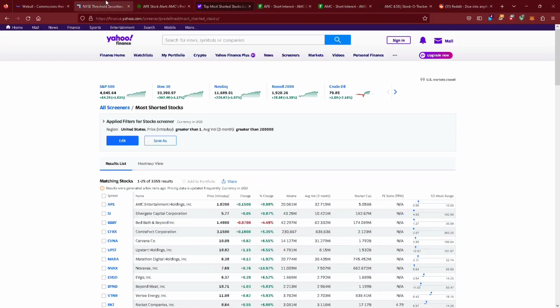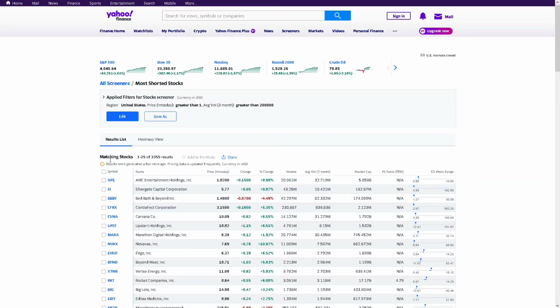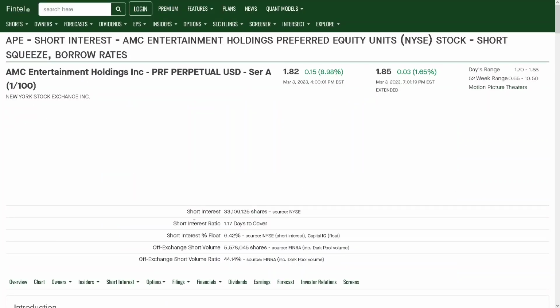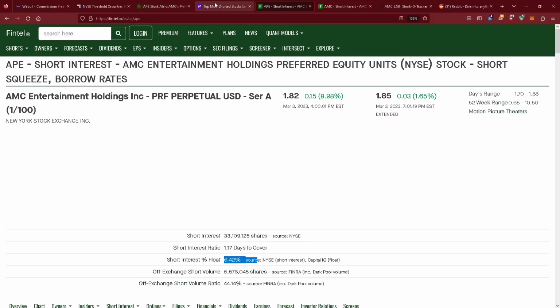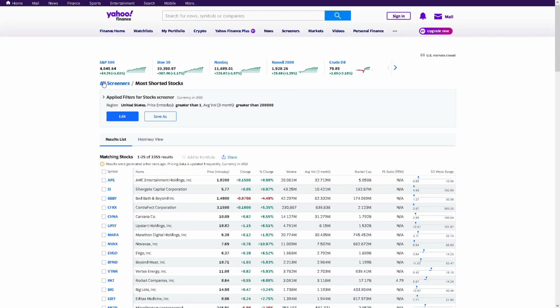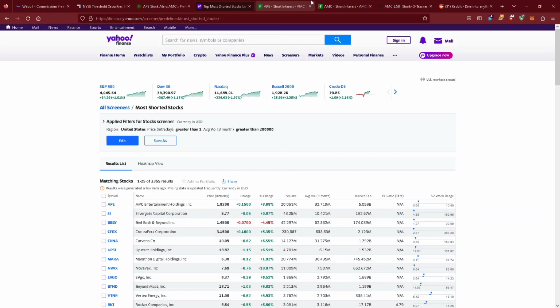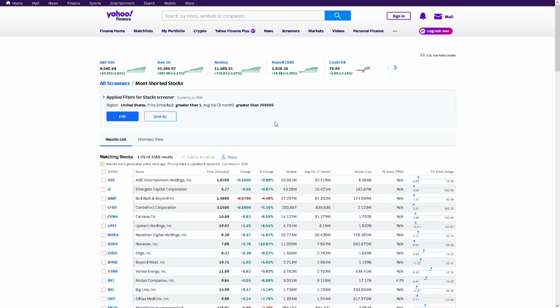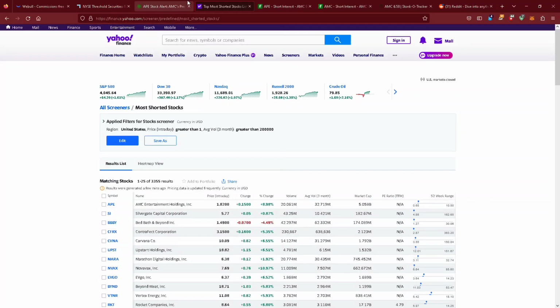As you guys can see, it's the #1 most shorted stock on Yahoo Finance. If you look at the regular short interest, though, it's like only 6.42%, but a lot of short squeeze screeners, sorry, that's a tongue twister, say that APE is the #1 most shorted stock. That is just the fundamental details of it, the facts of it, and that is just one thing I'm pointing out about APE.